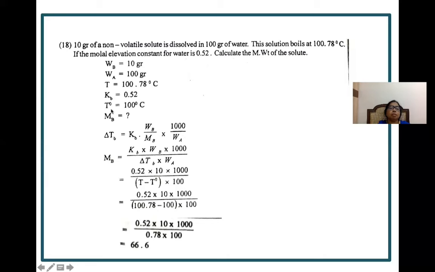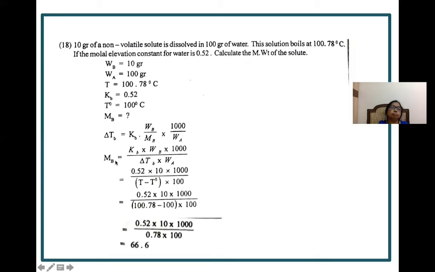T0 is the boiling point of the solvent, that of water, we know that is 100 degrees centigrade. MB is the molecular weight of the solute that we have to calculate. So delta TB is equal to KB into WB by MB into 1000 by WA.